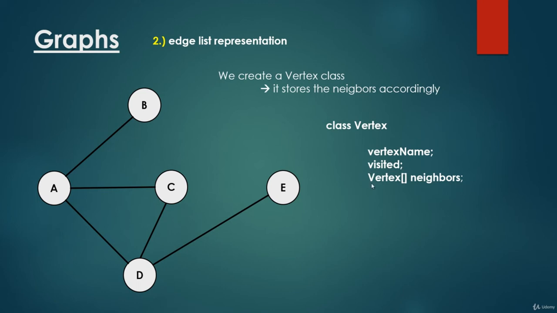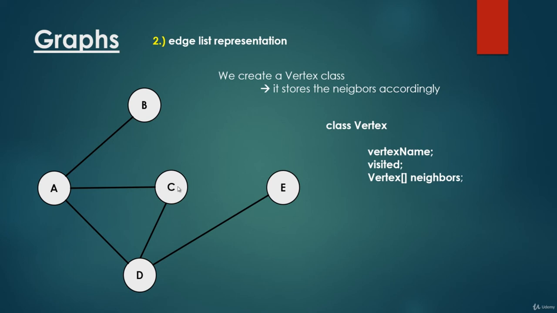And as you can see, we will have a one-dimensional array or a list that's going to store neighbors of that given vertex. For example, for vertex A, this neighbors list or one-dimensional array is going to store B, C, and D. What about node E? Node E vertex object is going to store just a single neighbor, D. What about C?